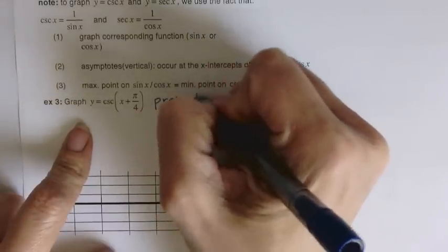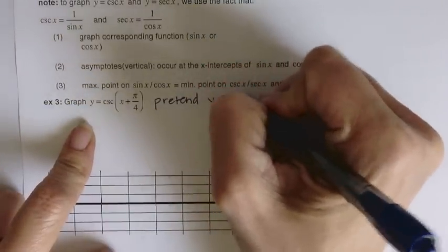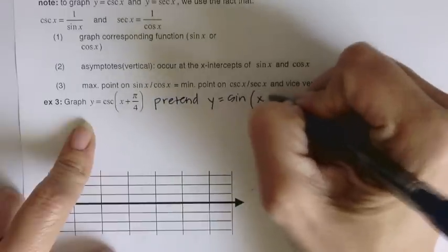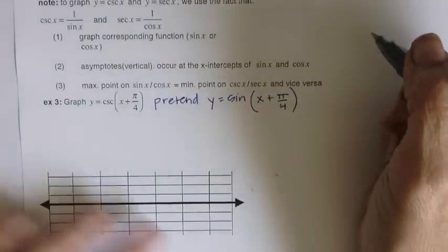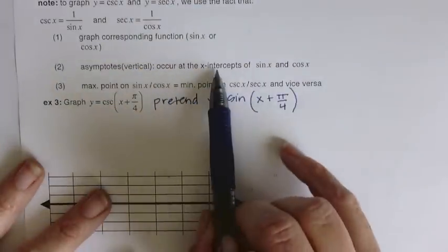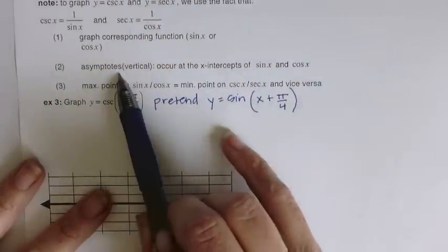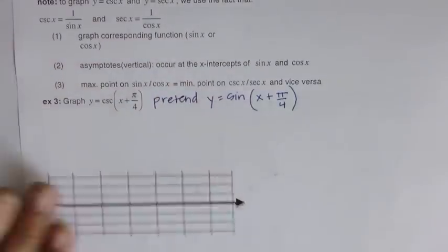Actually, pretend we're graphing y equals sine of x plus pi over 4. And then what we're going to do is take the x-intercepts and make them asymptotes. Why would we do that?